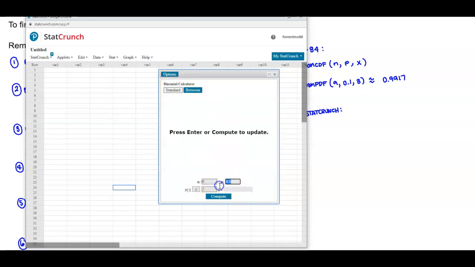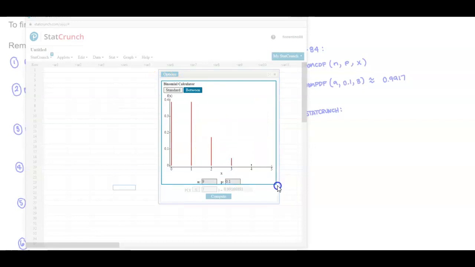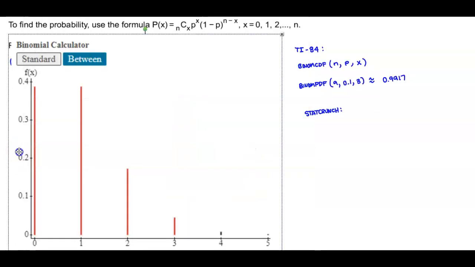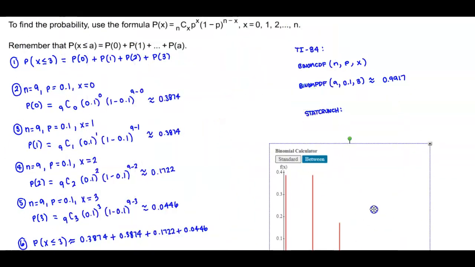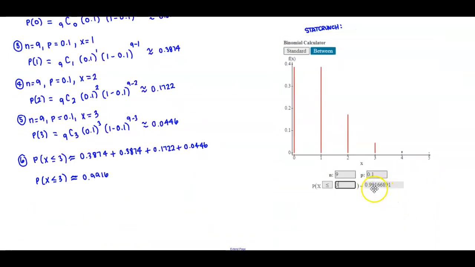We know that our probability is 0.1. We know that it's less than or equal to the value of 3. So let's go ahead and find this option here. Okay, so again here we get, rounded to 4 decimal places, 0.9917.